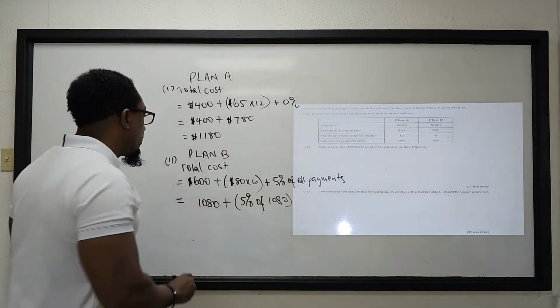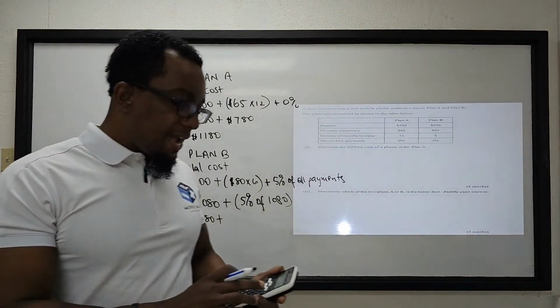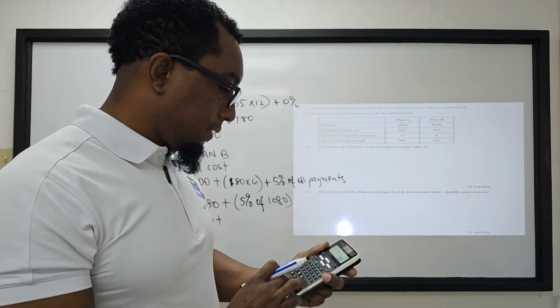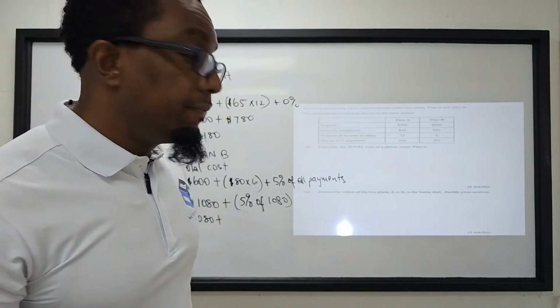So we're going to get 1,080 plus 5% of that, that's 5 divided by 100 times 1080, that's 54.